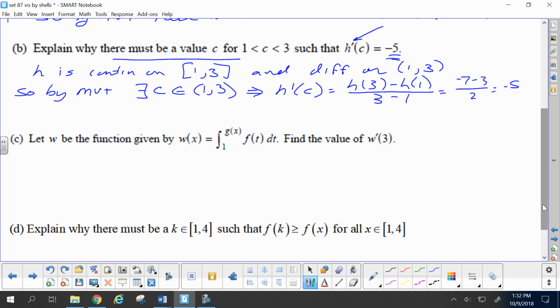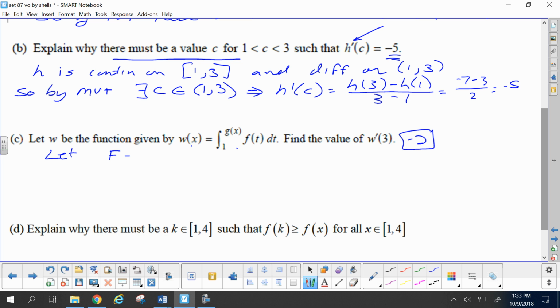This one required the chain rule. The chain rule, and you should have -2. Did you get -2, or do we want to talk about where that's coming from? Okay, so I don't know about you. You could do this without the same work I'm doing, but I was taught to do this way. Something like, I can't find W prime unless I flesh out this a little bit.